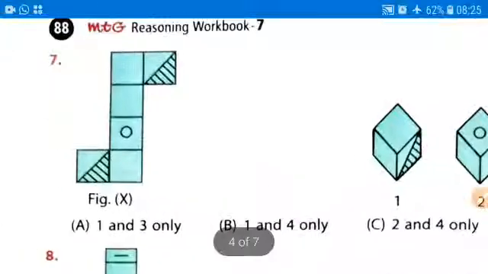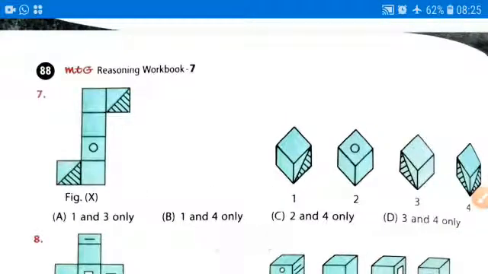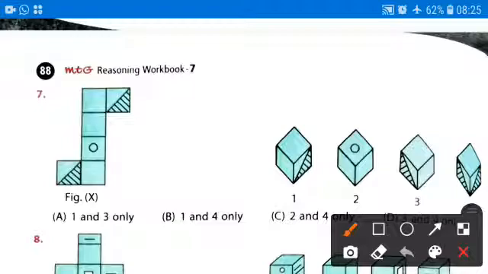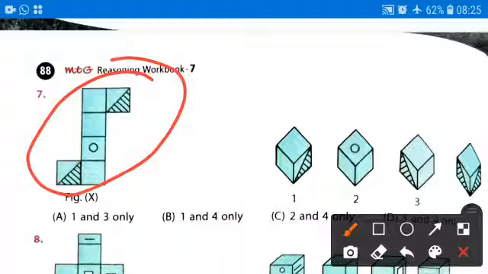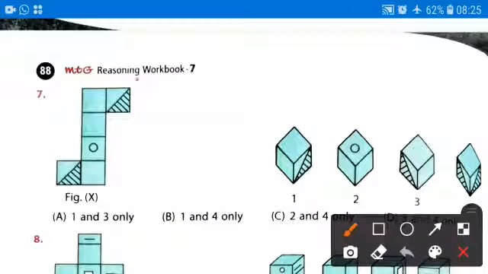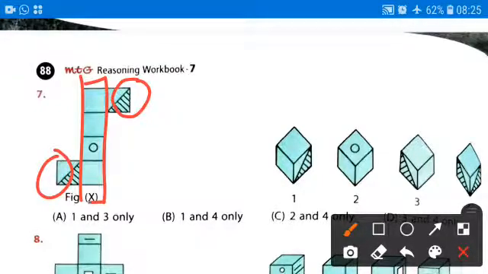Now again, let me tell you what are the opposite faces when we fold this paper. This is the strip of paper, and when we fold it, it will form a box, and the opposite faces will be the outside faces, always. This is a single vertical column, and the outside ones are opposite.